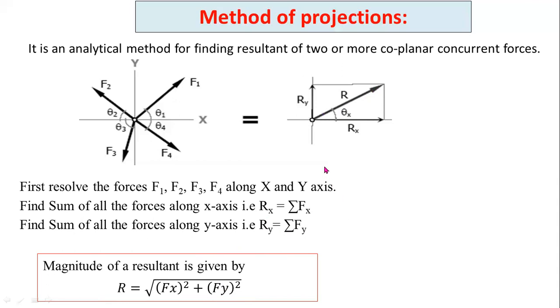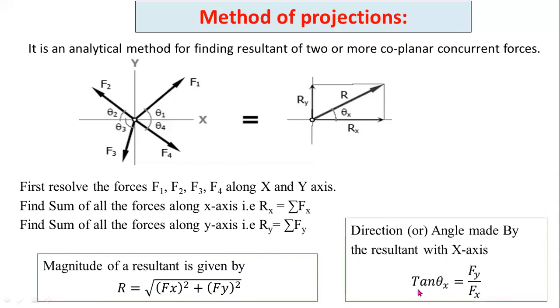If you want to determine the direction of the resultant, you use another formula: tan theta x equals Fy by Fx, the sum of all vertical forces divided by the sum of all horizontal forces. Theta x equals tan inverse of summation of vertical forces divided by summation of horizontal forces.